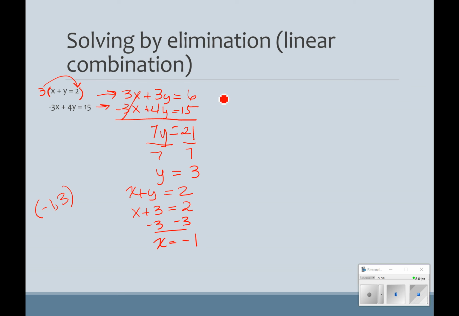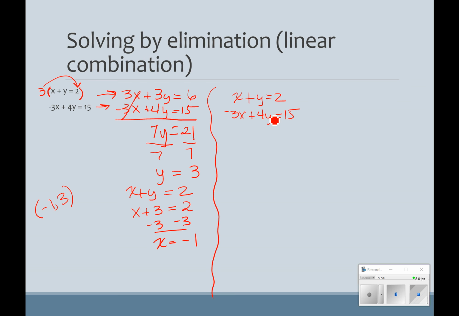Okay, now, do I have to do it that way? Absolutely not. I'm going to do it another way here, and I'm just going to show you. Again, we're looking for things that we can get rid of. So here are my originals: x plus y equals 2, and negative 3x plus 4y equals 15. Let's say that I want to get rid of my y's instead.